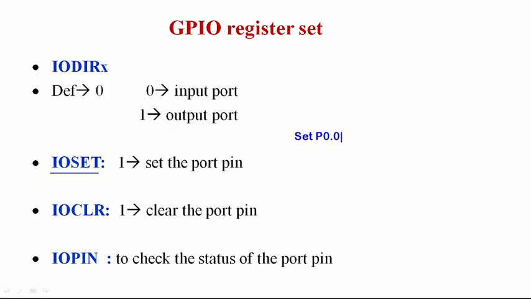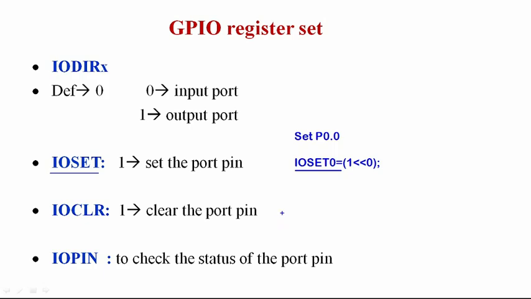I will use IOSET0 equal to 1 left shift of 0. I already explained the meaning of this statement: 1 left shift of 0 sets the 0th bit. In detail I'll explain in the programming part. IOSET means it is going to set the port pin to 1.